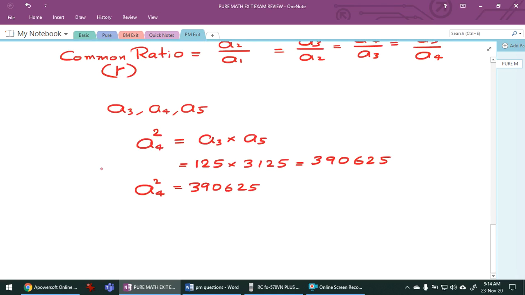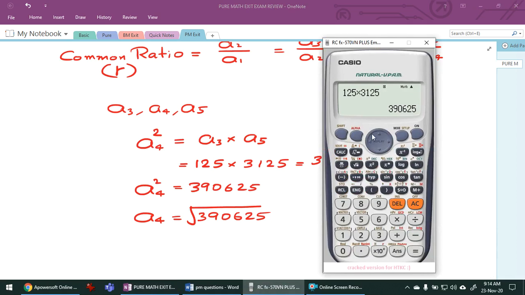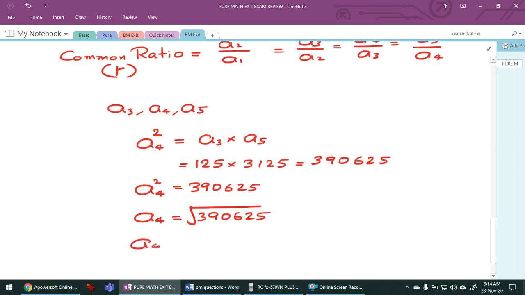So how will you find A4? A4 is the square root of 390625. So what is the square root of that? It is 625. So we have the answer: A4 equals 625.